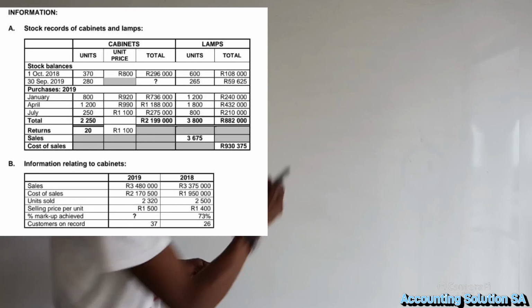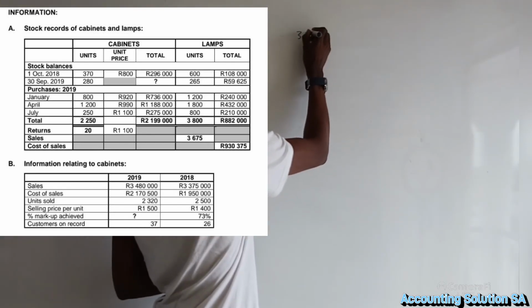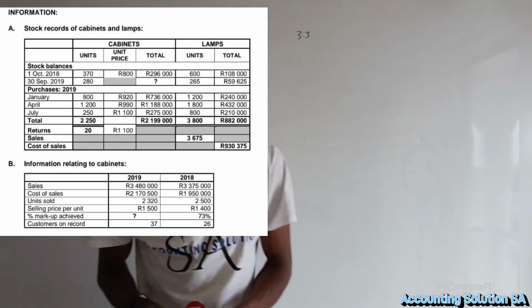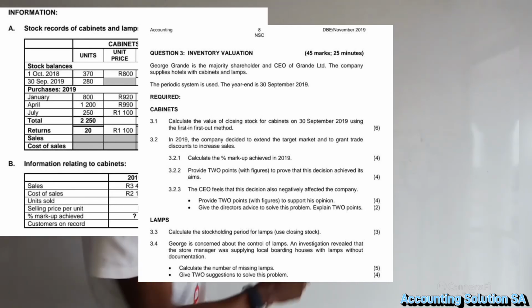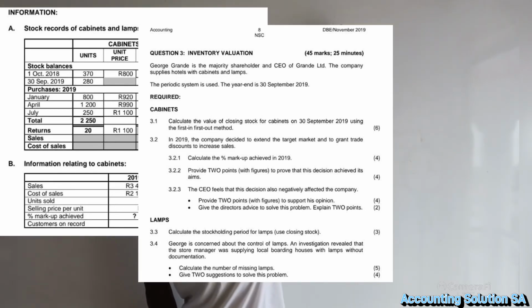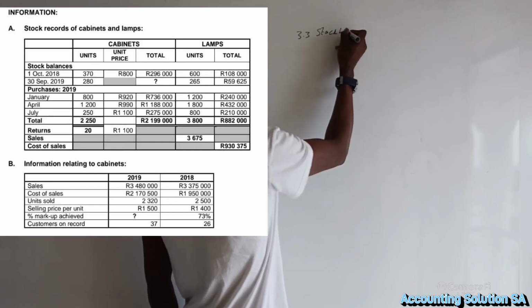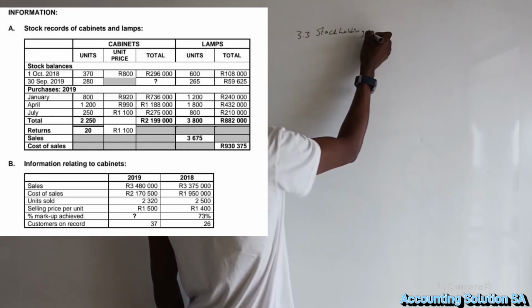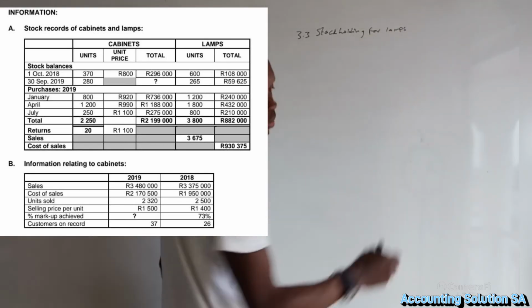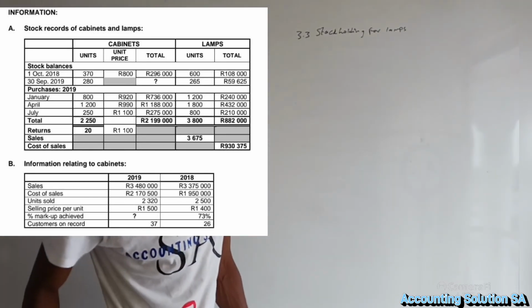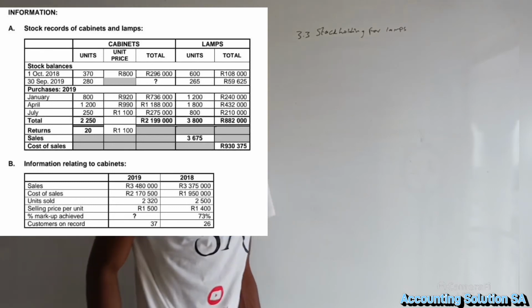Number 3.3. They say to calculate a stock holding period for lamp. Okay, we are calculating a stock holding period for lamp, and they also indicated that you have to use a closing stock.